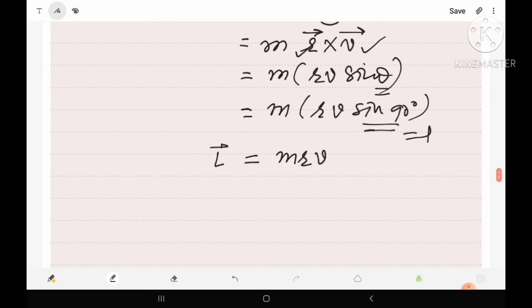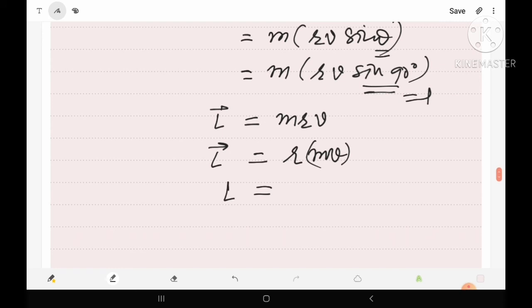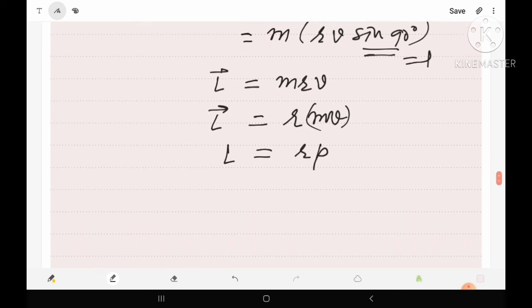So now we can write L is equal to r into mv. Now mv is equal to momentum, so L is equal to r into P, and P equals L upon r.